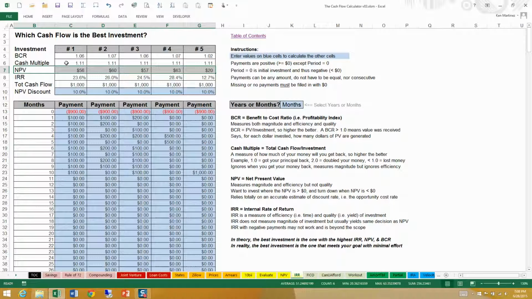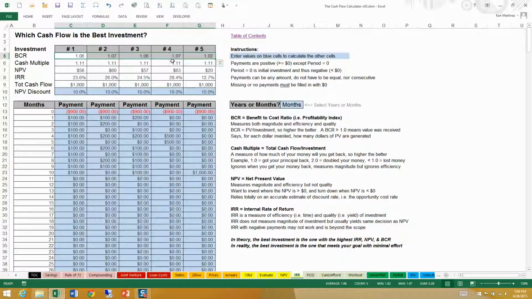A couple other things I'll mention briefly: another thing you can look at is the cash multiple. That's just how many times your total cash flow is over your initial investment. Now these were all the same, so that didn't really tell you that much, but maybe it's not. And then the BCR, which is the benefit cost ratio, and I have some brief descriptions over here. It's actually a good measure to look at too.